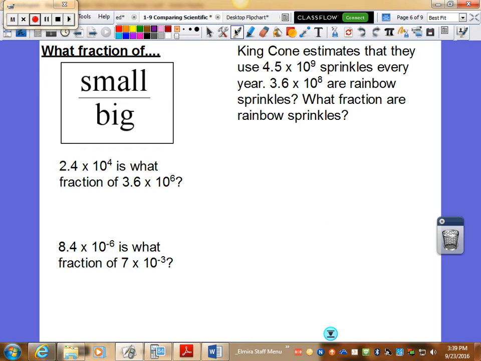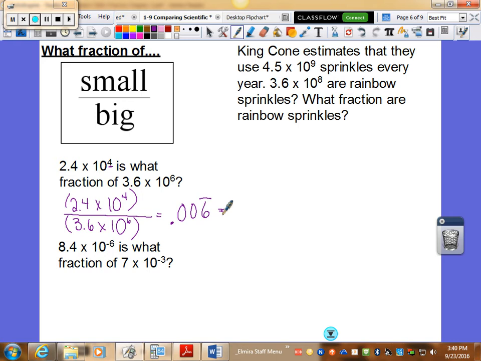So in the first example, the smaller number has the smaller exponent, so 2.4 times 10 to the 4th over 3.6 times 10 to the 6th. Again, we're going to divide that out with parentheses, and our calculator is going to say 0.006 repeating.